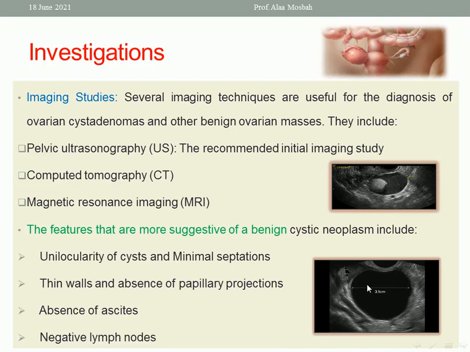As you see in this picture, this is a functional cyst, unilocular, sonolucent, with clear fluid inside. While in the other picture, the fluid is a little turbid with a hyperechogenic pool here, because this is a dermoid cyst containing sebaceous material and hair and so on. So this is a dermoid cyst and this is a functional cyst, but both of them are benign.